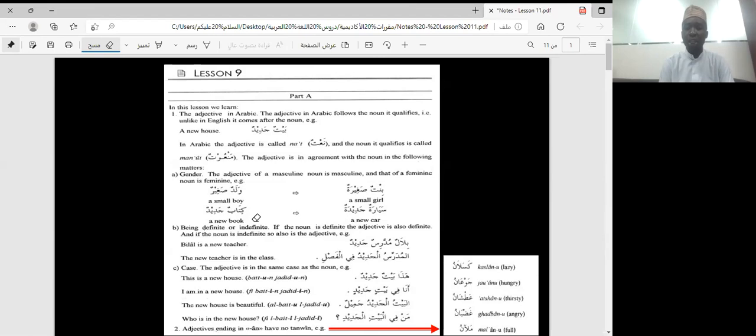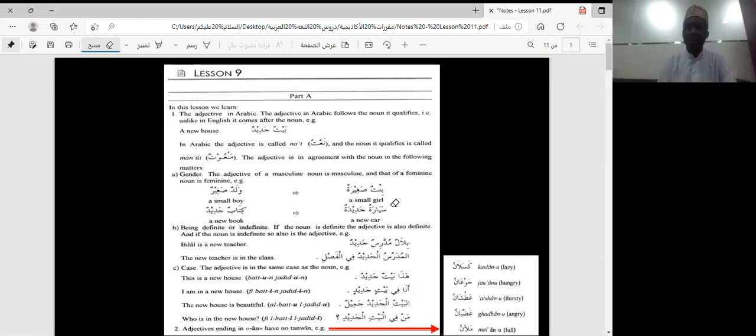Kitabun jadidun, a new book. Bintun sagiratun. Now we have bintun. Bintun is what? It's feminine. This is one of the feminine nouns in open ta form. In open ta form, we have ukhtun, we have bintun. So we have bintun sagiratun, a small girl.